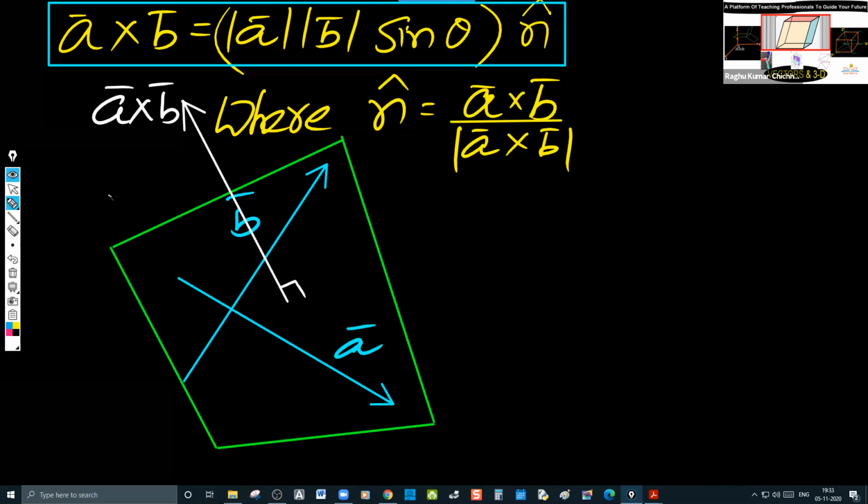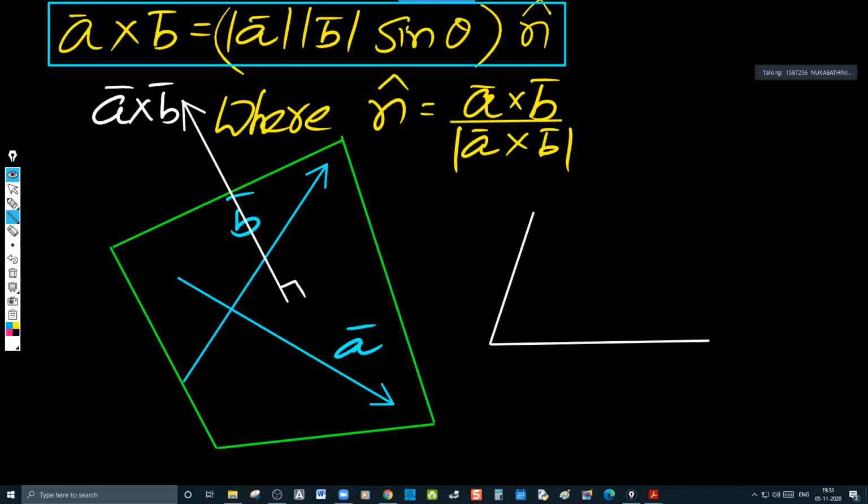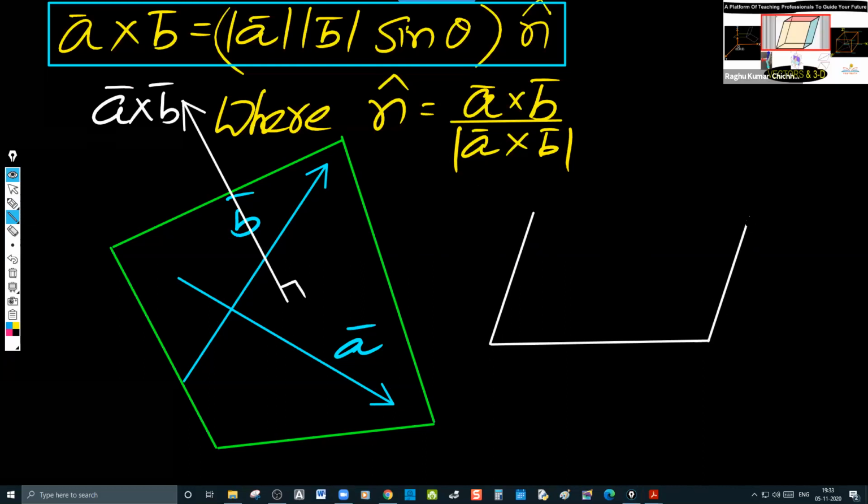The geometrical interpretation of A bar cross B bar is like this. If you take a parallelogram whose adjacent sides are A bar and B bar, and you find the cross product A bar cross B bar, its magnitude gives you the area of the parallelogram.